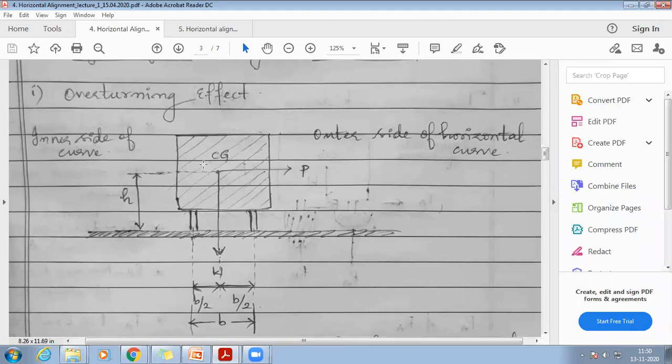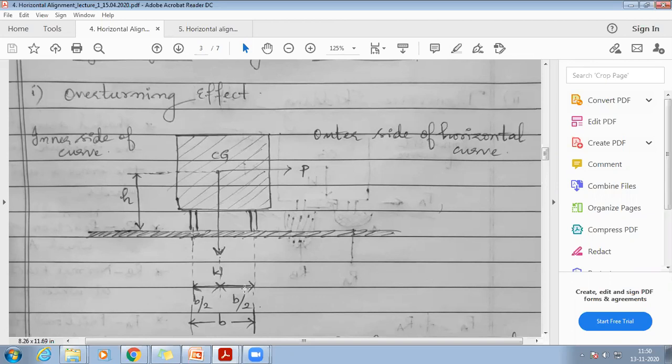Now the self weight of the vehicle is W. And h is nothing but the height of the center of gravity of the vehicle above the road surface. From the road surface up to the center of gravity of the vehicle, we just call it some height h. And small b, you can see the b here, I have marked center to center of the wheels.